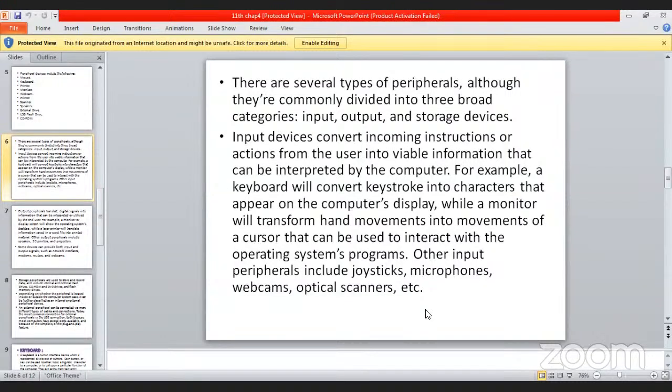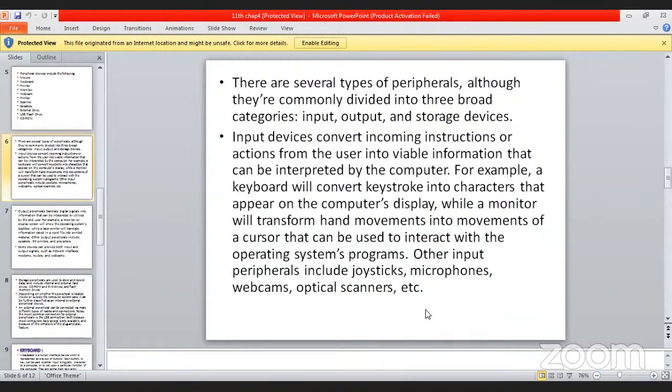So they can convert keystrokes into characters that appear on a computer's display, while a mouse will transfer hand movements into the movements of a cursor that can be used to interact.